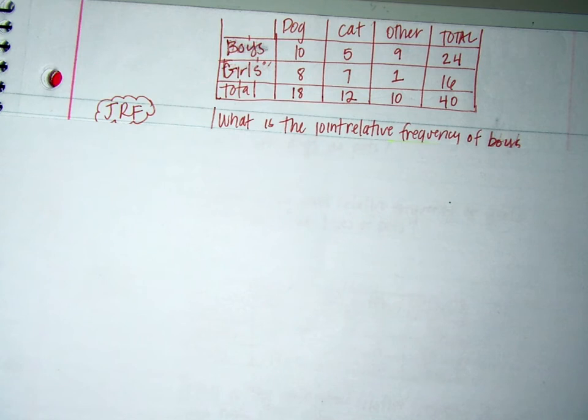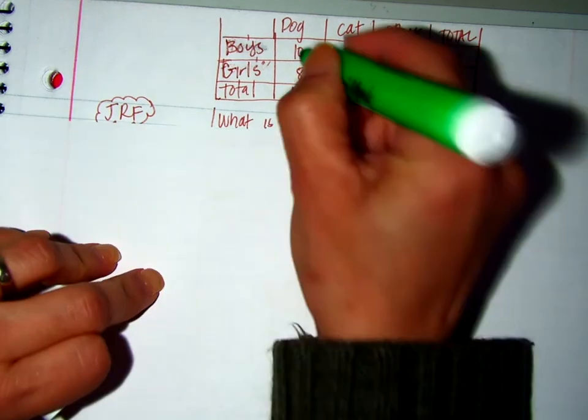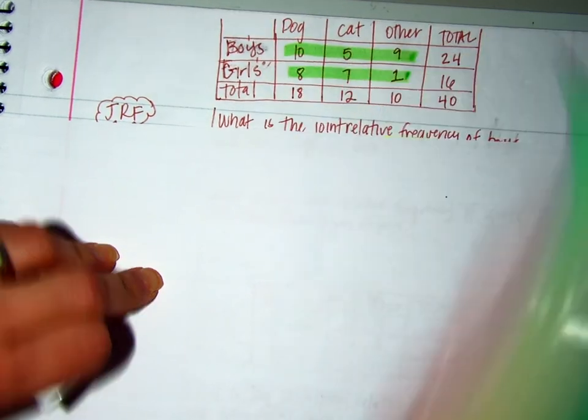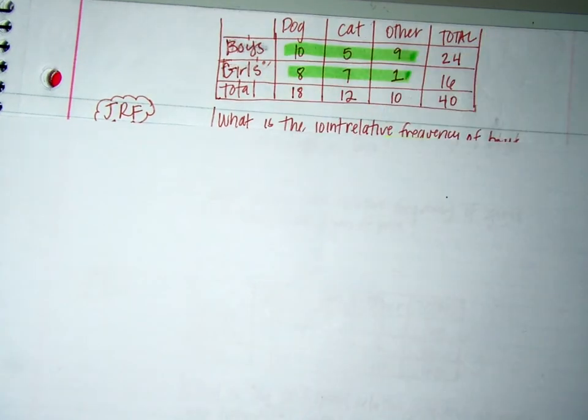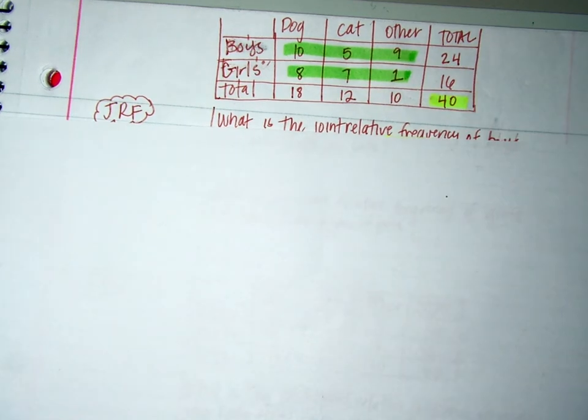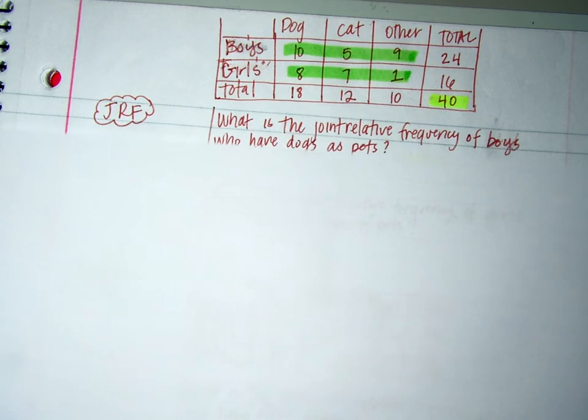So all of that information where they join, that's called the joint. So we're going to talk about these items. So make sure to use green. That's what I used for joint relative frequency. And again, we need to divide by our grand total. Okay? So now my question is, well, what is the joint relative frequency of boys who have dogs as pets?